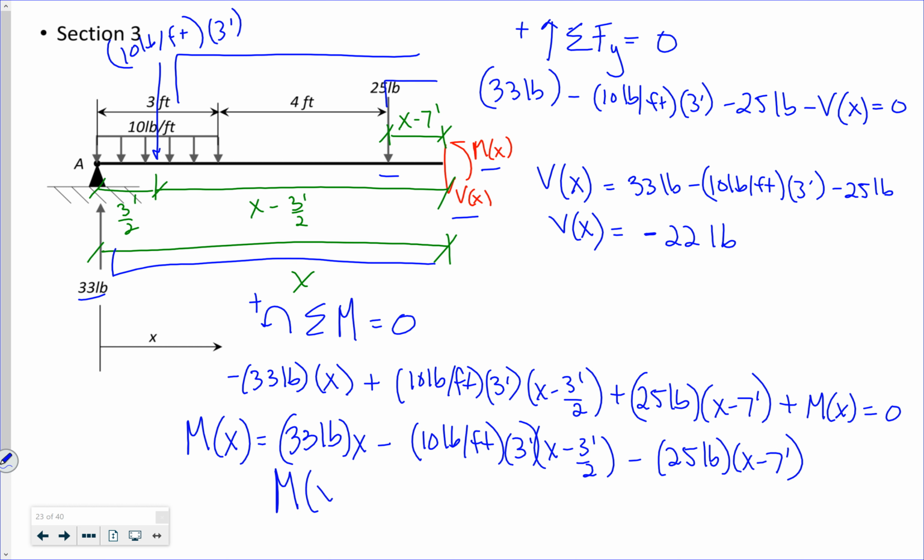If I simplify that, 33 minus 30 minus 25, I should get minus 22 pounds x plus 30 times 3 over 2, that's 45, and 25 times 7, which is 175, so that's 220.